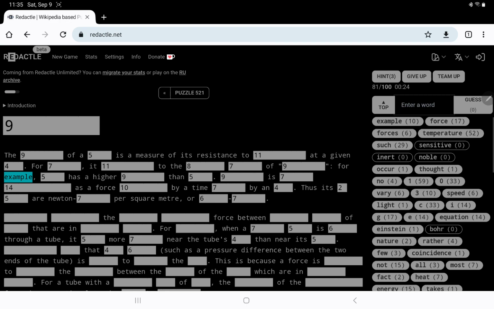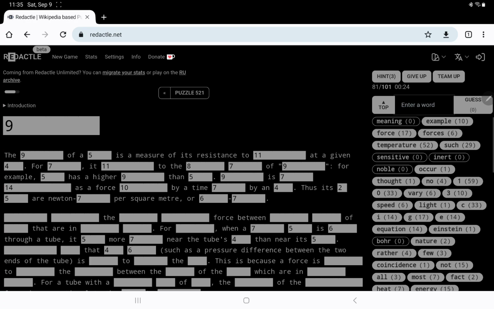It blank to the 8/7 to the something meaning. 5 is a higher 9.